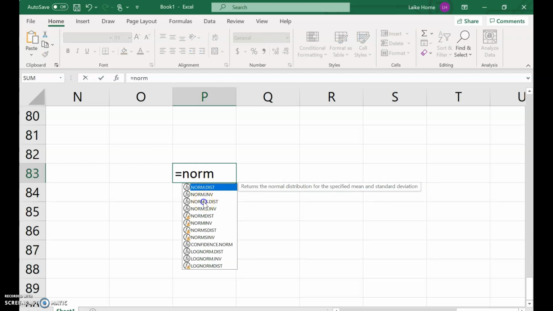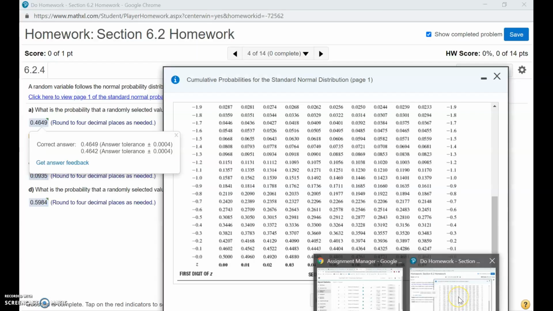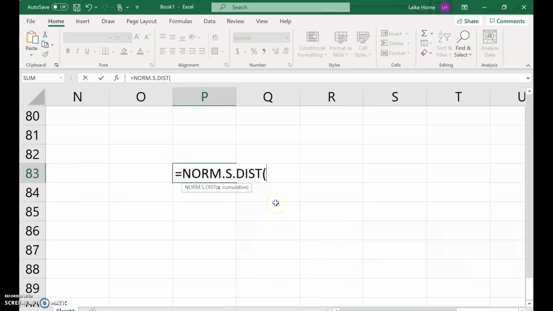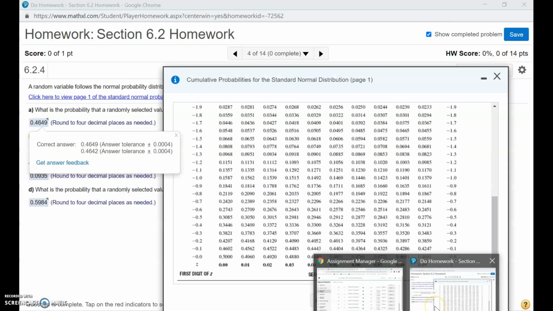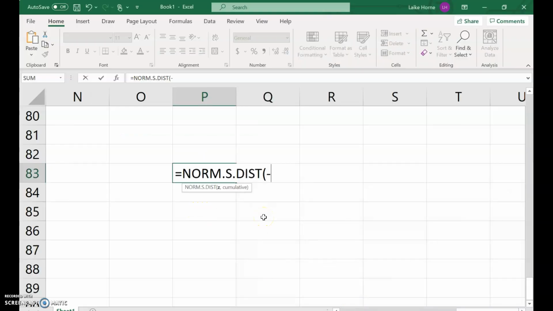Let's do the z-value that we had. We had a z-value of negative 0.86.